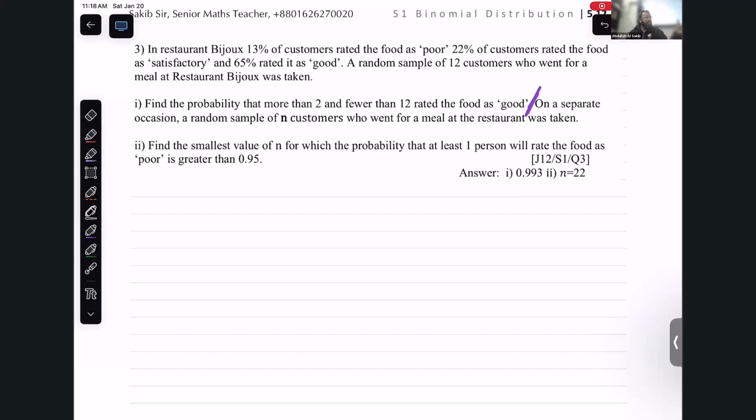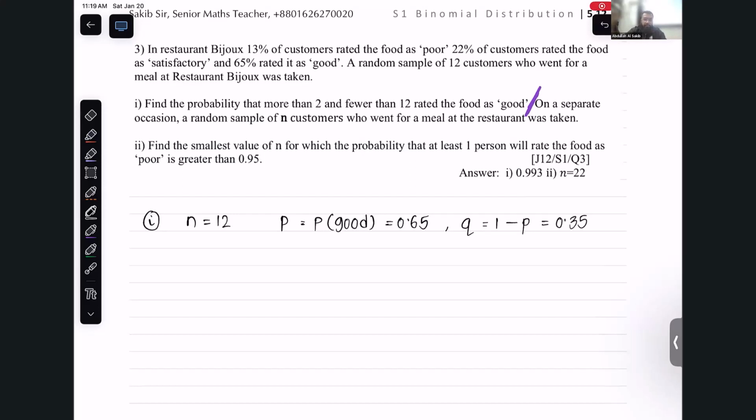This is the probability of success. So n equals 12 customers chosen at random. The probability of success is the food is good, and that equals 0.65. Is it okay? Clear? So q will be 1 minus p, that is 0.35, I guess.